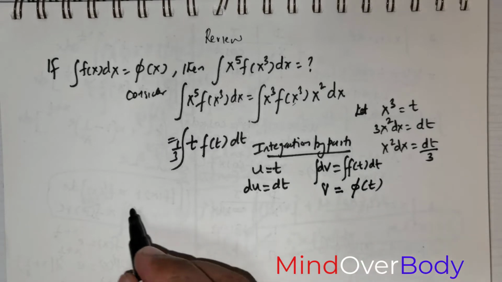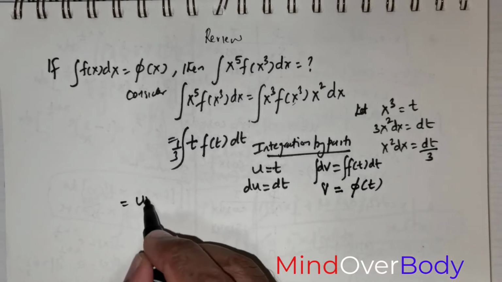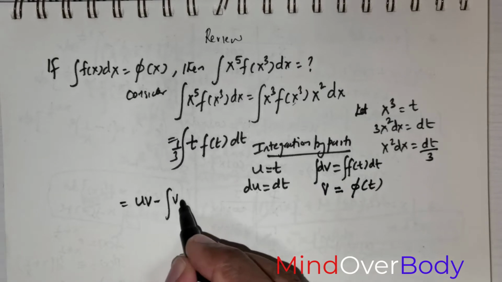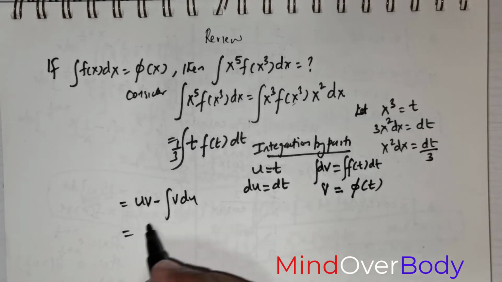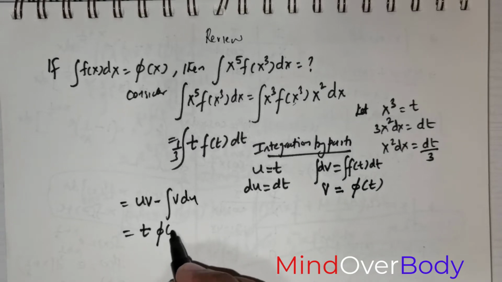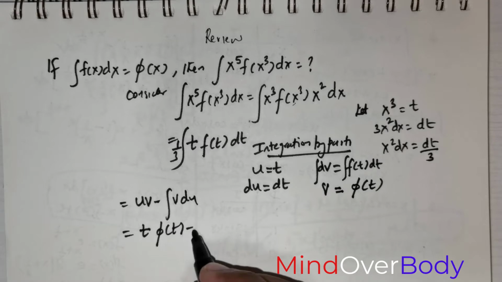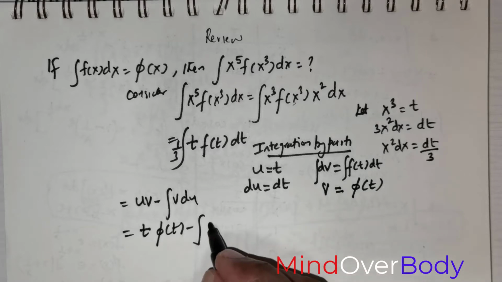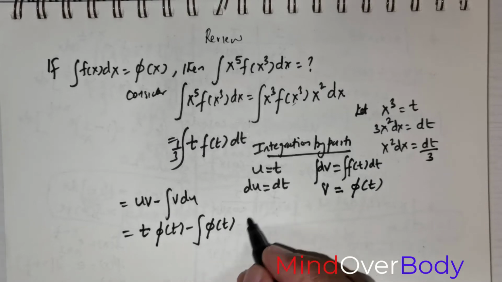Simple as that. Now if we use the integration by parts formula, it's uv minus the integral of v du. So in place of u I'll substitute t, in place of v I substitute phi of t, followed by a negative sign and the integral sign, and we have a v and a du. So v is going to be phi of t and my du is going to be dt.